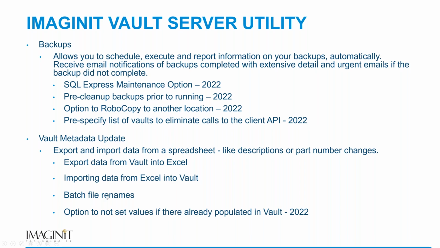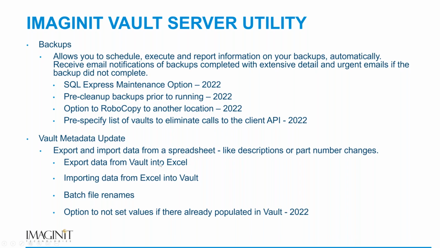The vault meta update. Now, this isn't new, but again, I think it's worth educating and letting people know what it is. This is the ability of saying, hey, maybe my properties, my metadata within Vault, needs to be massaged, needs to be shown a little love. Maybe things got out of hand.